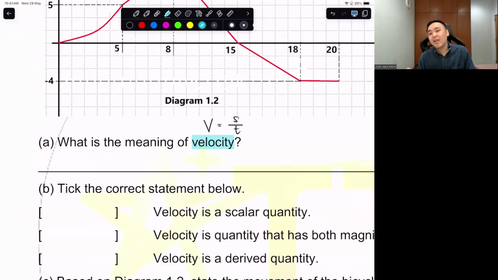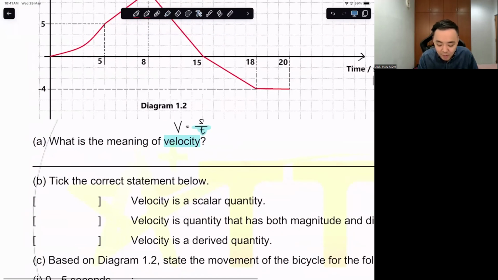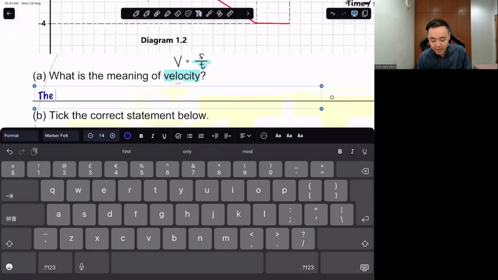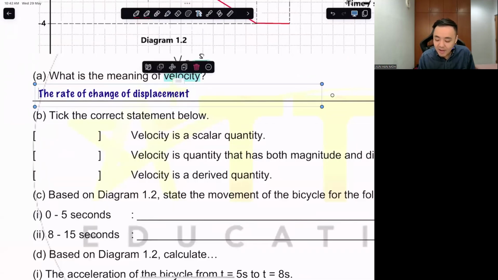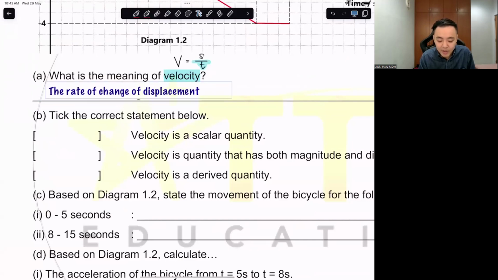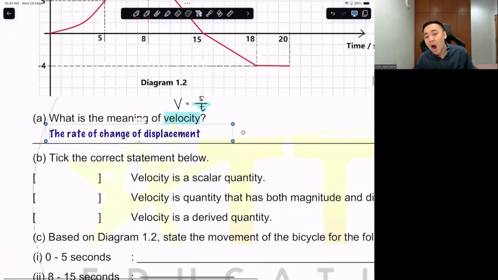Whenever you notice the formula divides by time, then the definition for velocity is this: it's the rate of change of displacement.